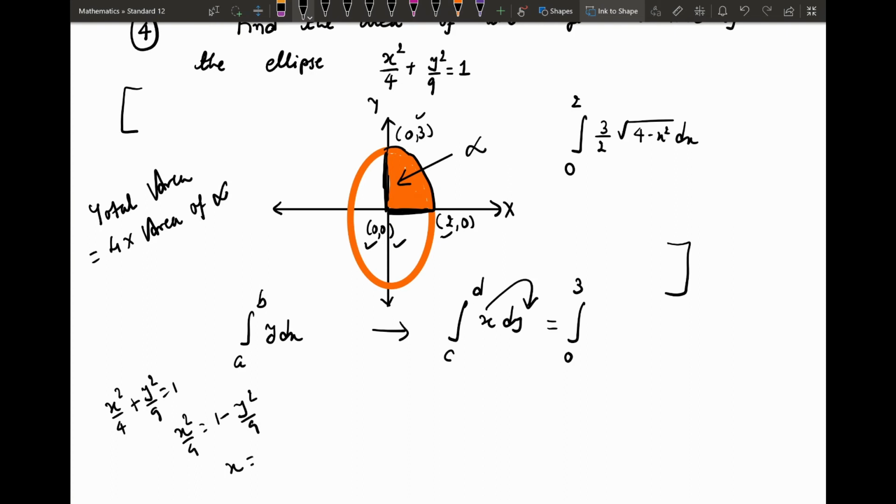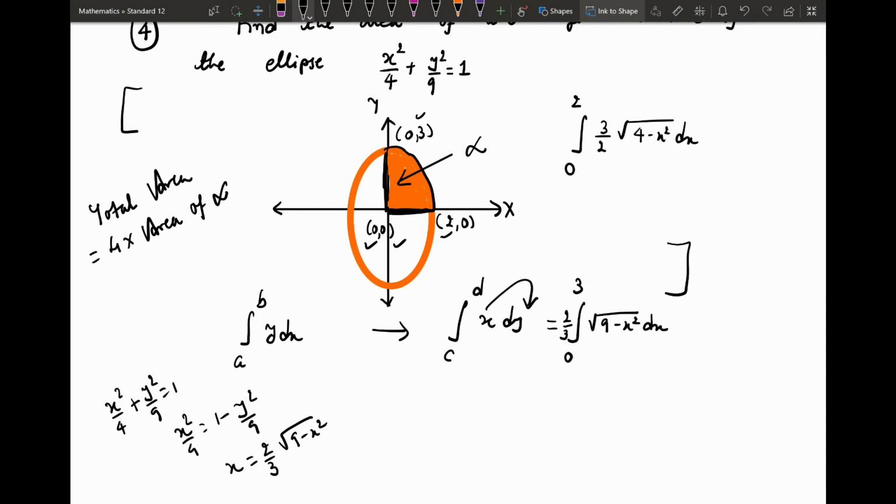So x will be 2 by 3 under root 9 minus y square dy, because that area is also bounded by the y-axis.